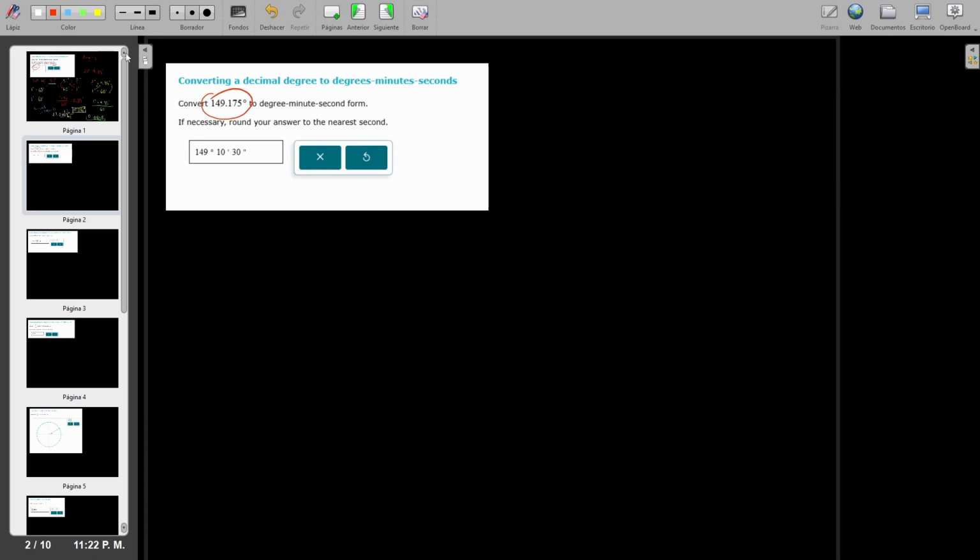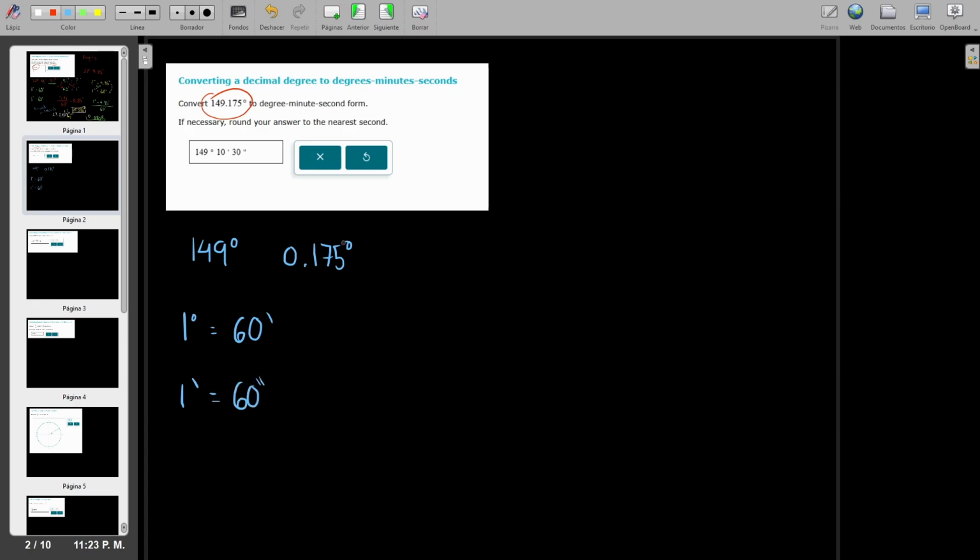We begin. How? We divide. We already have the degrees, 149 degrees. We're going to be putting the 0.175 degrees to the test. In this case, remember, 1 degree equals 60 minutes and 1 minute equals 60 seconds.